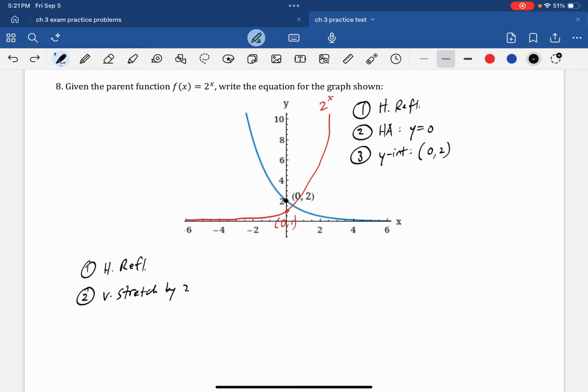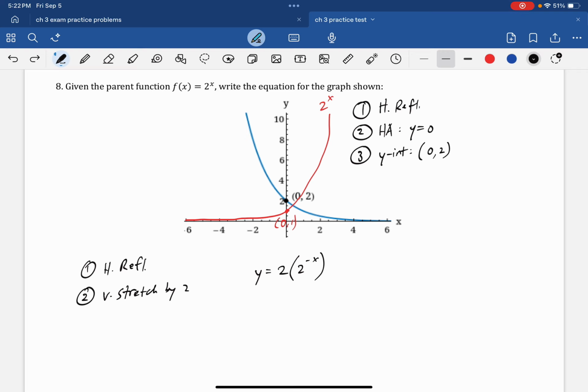Okay, and so combining these two transformations, we are left with y equals 2 times 2 to the negative x, okay? The negative sign comes because we have had a horizontal reflection done, and the coefficient of 2 that comes to the front occurs due to this vertical stretch. And we can indeed confirm that this function has the same properties as we see in the graph, right?